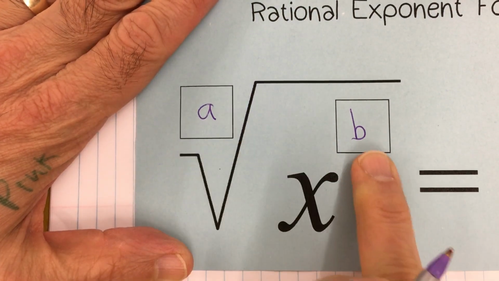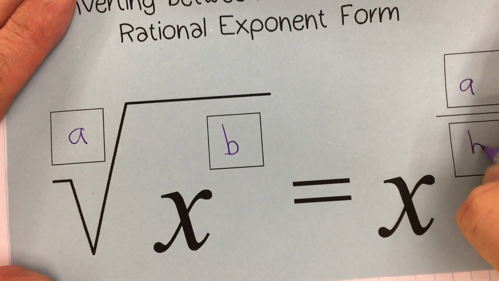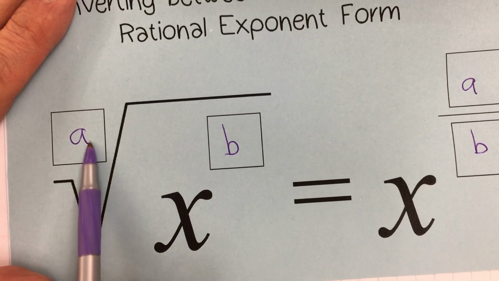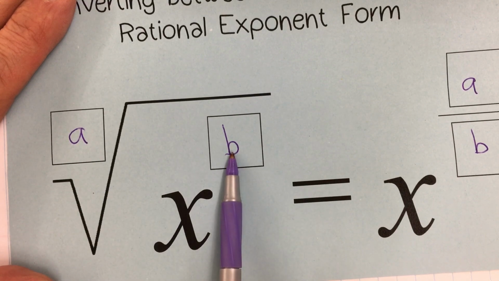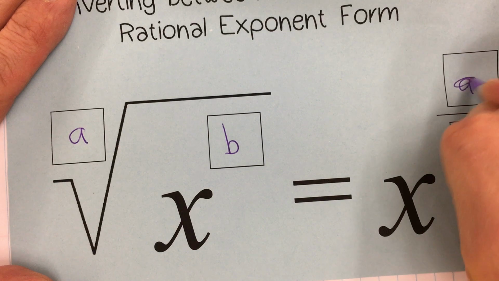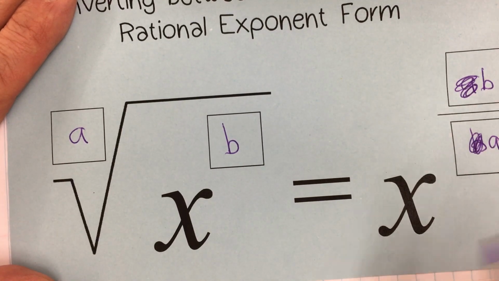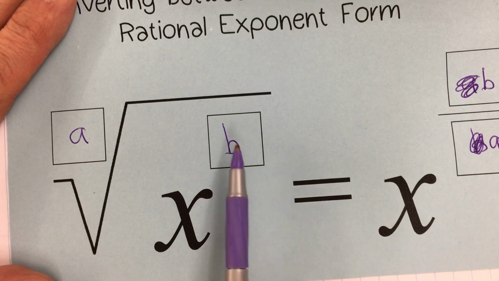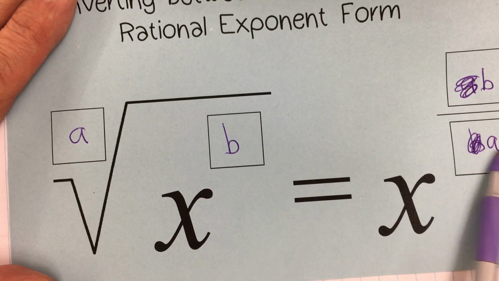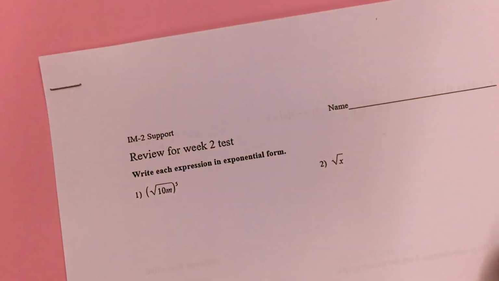Whatever your root is and your power, that becomes a fraction. If this is normally an invisible 2, and that's a 5, it becomes 2 over 5. Oh, dang it, I did it backwards. There we go. This one's on the bottom, this one's on top. Okay, made a mistake, I fixed it.